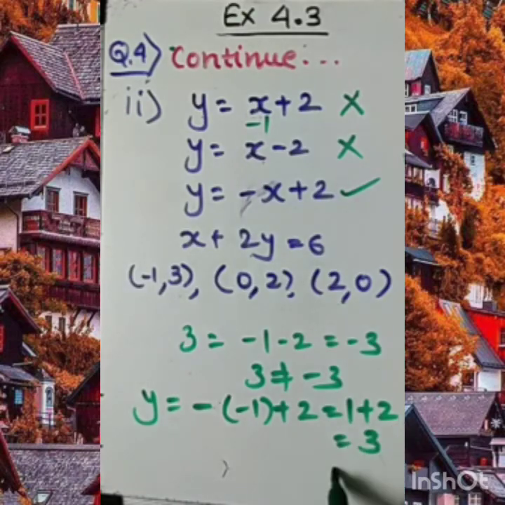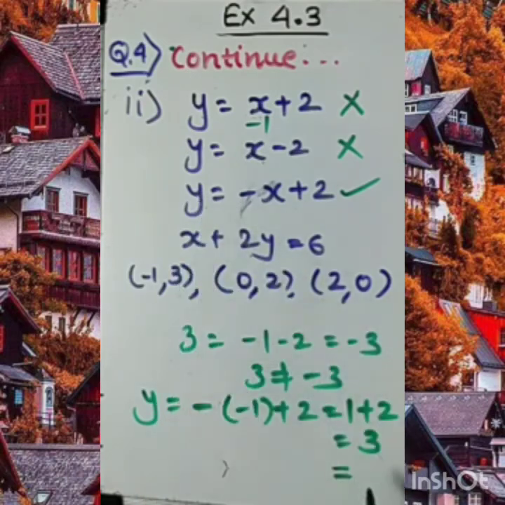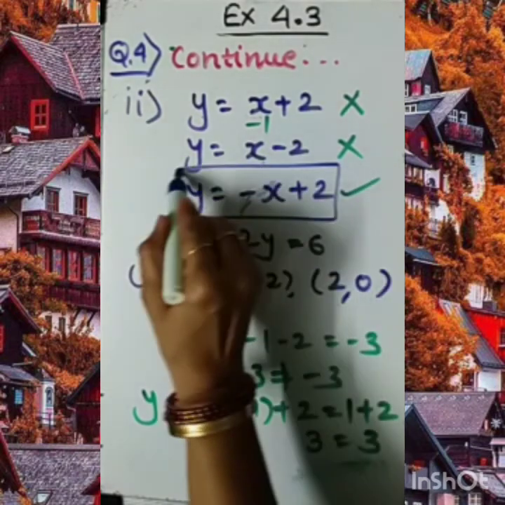And you know very well the value of y is 3 here. So this side also 3. Got it? So 3 equal to 3. So my dear student, according to this question, this is the right option. This is for the B part.